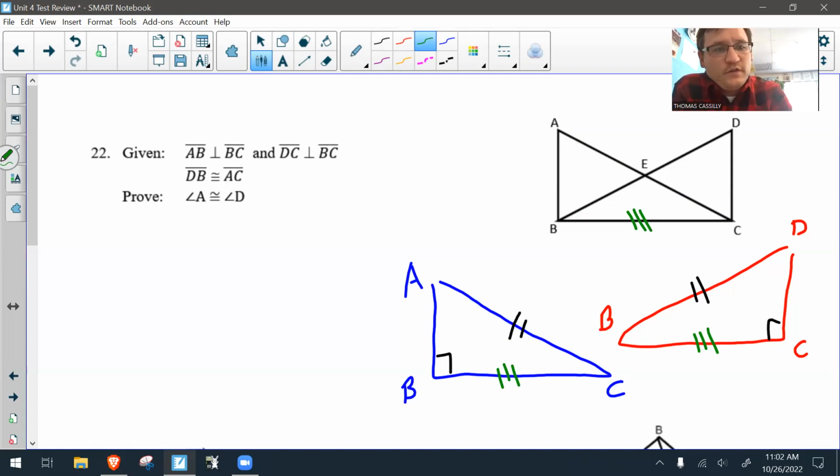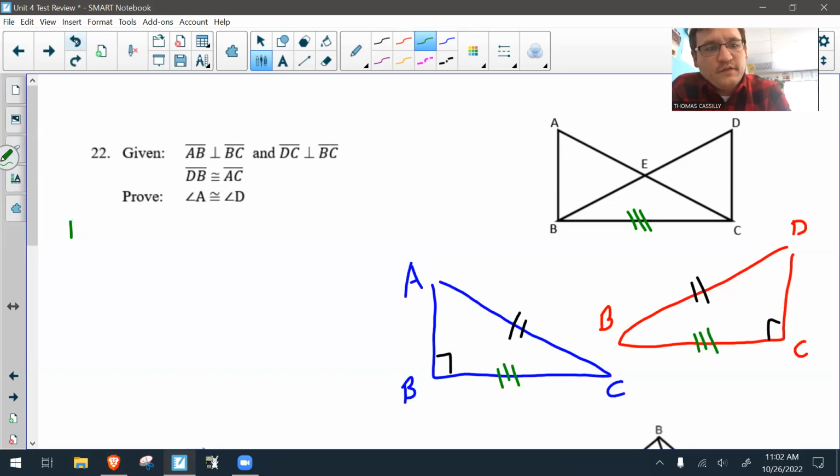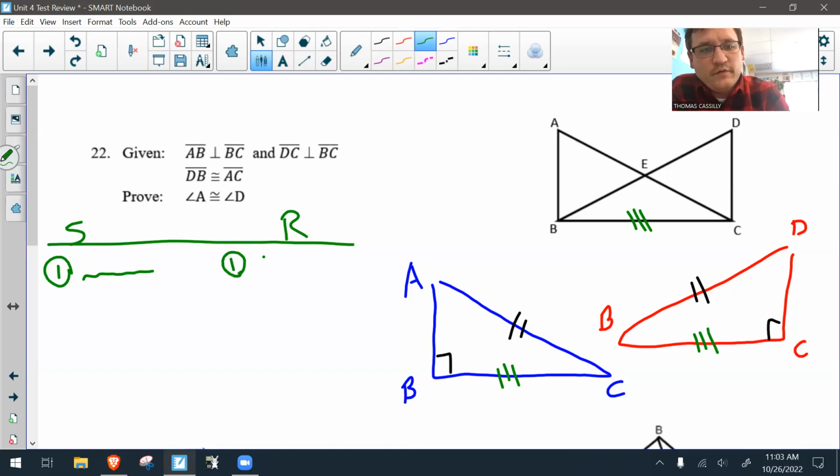So I'm just going to do this real quick. I'm not going to write all this down because I can't even get my statements and my reasons in the right order. We have our statements. We have our reasons. All right, so step 1, we got all of our given information. Just everything is perpendicular. That's given.